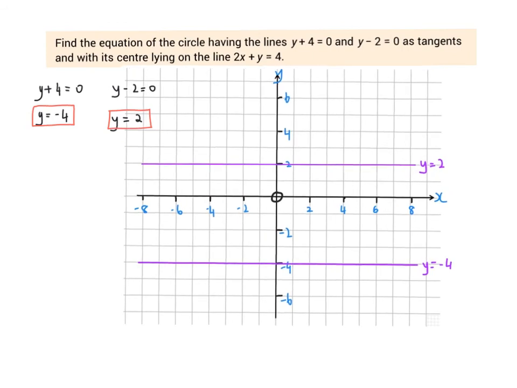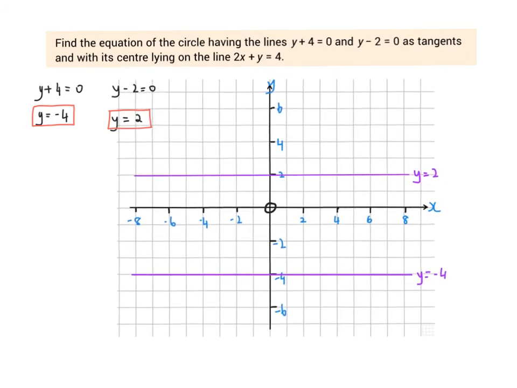Okay, so we have both of these two lines drawn, our line y equal to 2 and our line y equal to minus 4. Now we know these are tangents, and before we even look at the centre line, we know that the centre has to be halfway between these two lines. So what's the distance here?